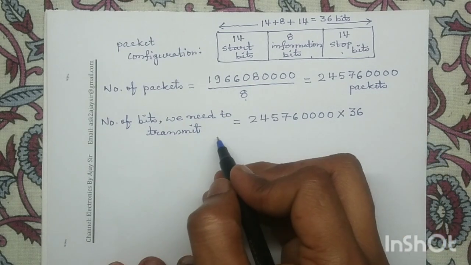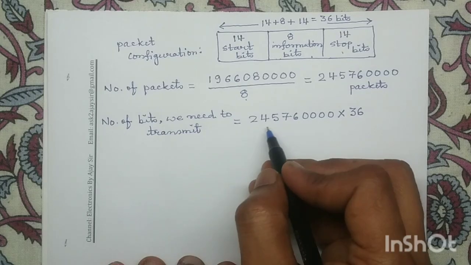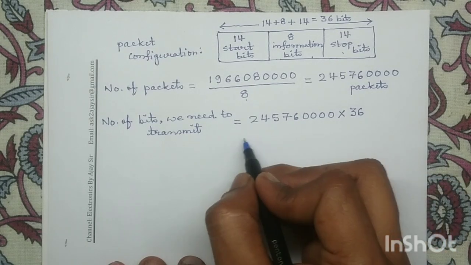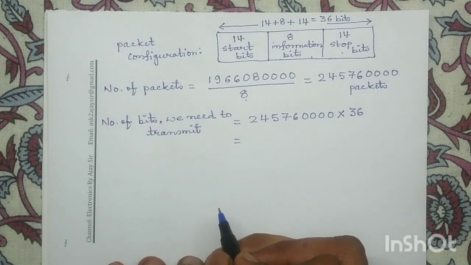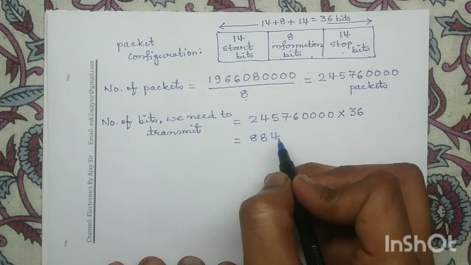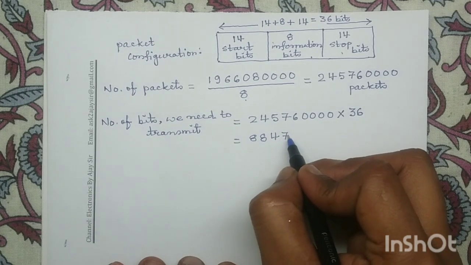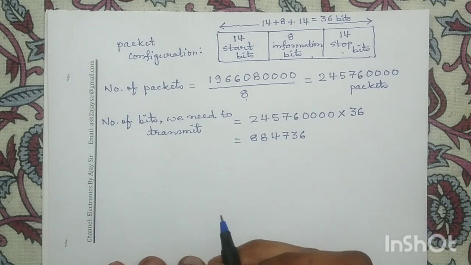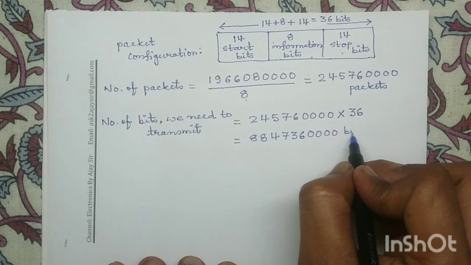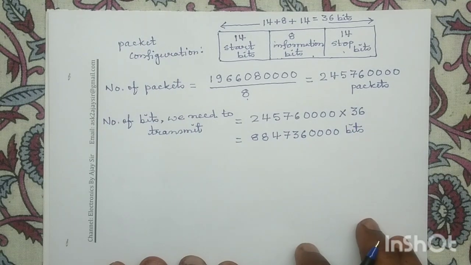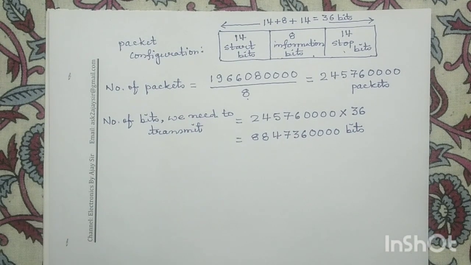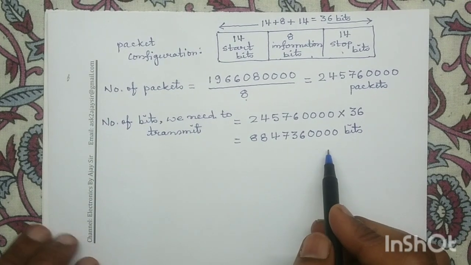So the total number of bits that we have to transmit is the number of packets multiplied by the number of bits in each packet. If we simplify this, we will get 8847360000. So these many bits we have to transmit.